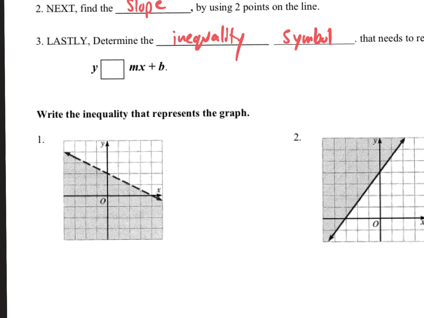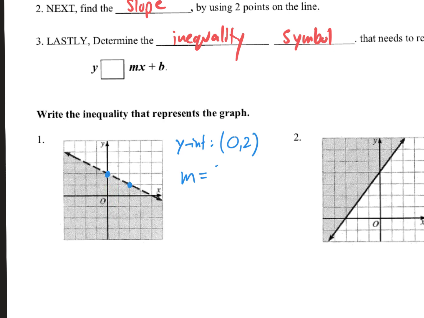So looking at number 1, my y-intercept, just by looking at the graph, I can tell is (0, 2). It's the point right here. And the slope for this graph, if I pick out another point and figure out my rise over run, for this specific set of points, I'm going to go down 1 and then right 2.